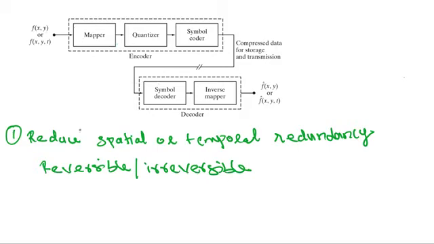So it can be reversible or irreversible, depending on the algorithm we are using for compression and decompression. Most of the time the mapping function we use is an image transform, such as DFT or DCT. Actually, DCT is used in the JPEG image compression algorithm. It can also be run length coding.